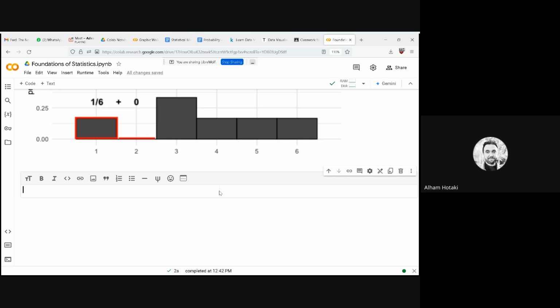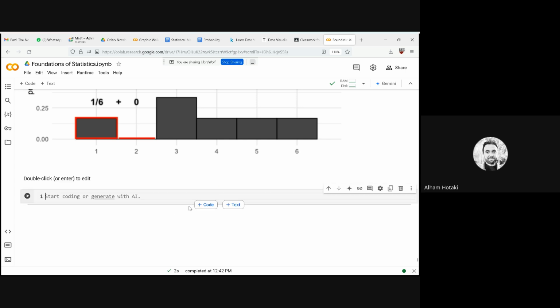So now let's understand this sampling and this rolling a bit differently. For example, let's do it in another way. Let's visualize this in Python.